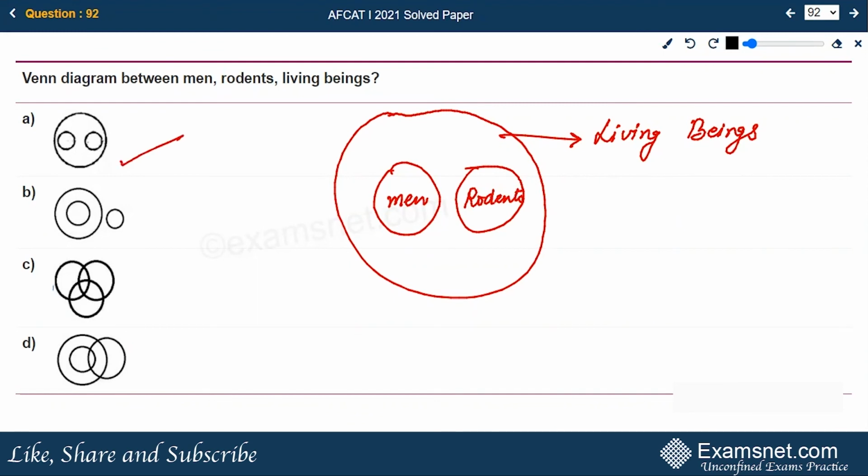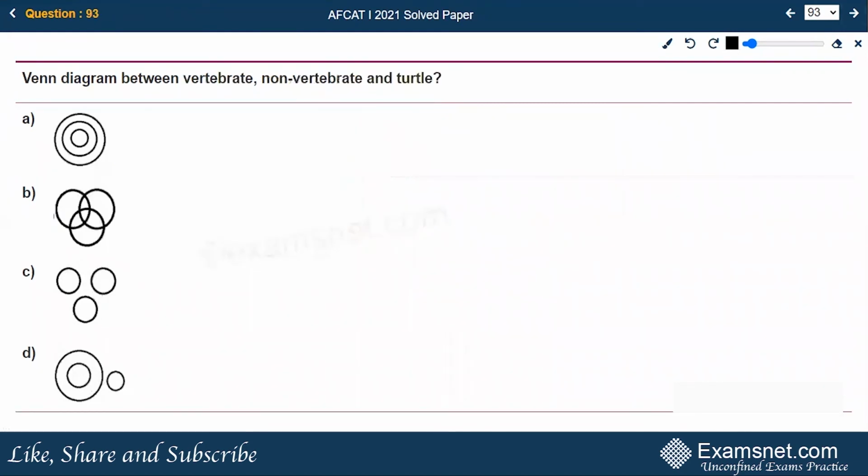Next, question number 93. Venn diagram between vertebrate, non-vertebrate, and turtle. You need to know what the vertebrates and non-vertebrates are. See, vertebrates are the ones which have a backbone, like humans. Non-vertebrates are the ones which have no backbone, like snake, right?